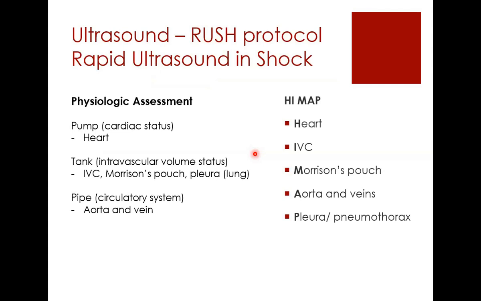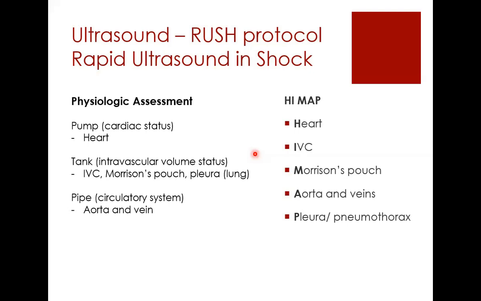It goes according to assessing three of your physiological functions. One is your heart, which assesses your pump, your cardiac status. Second, assess your tank, which is to assess your intravascular volume status by looking at the IVC, Morrison pouch, and also your lung. Third is your pipe, which is your circulatory system, which includes your aorta and also vein.